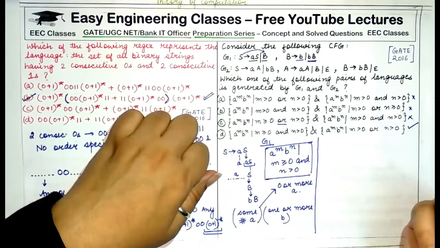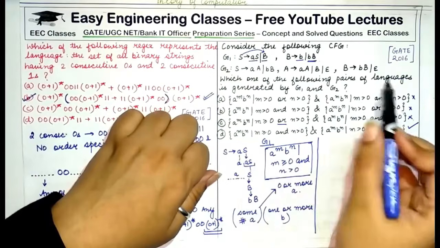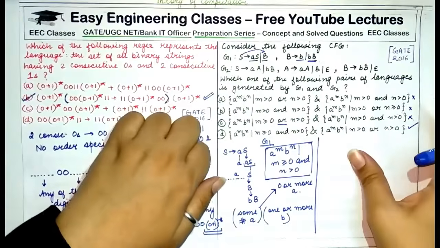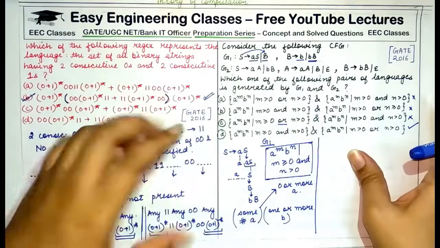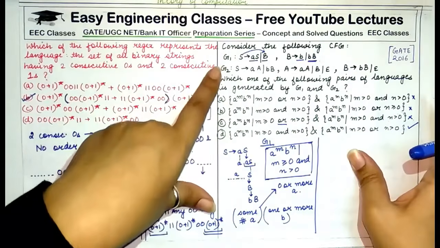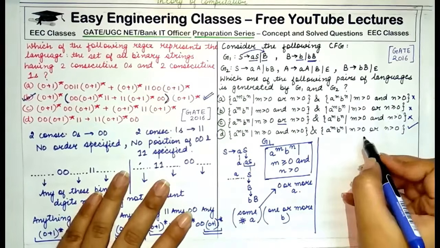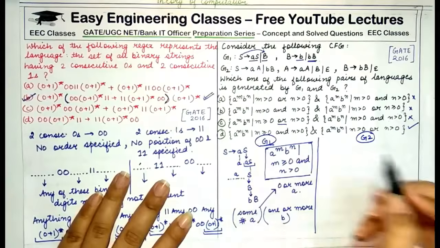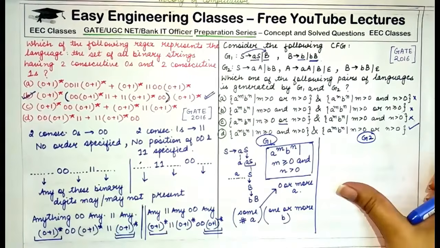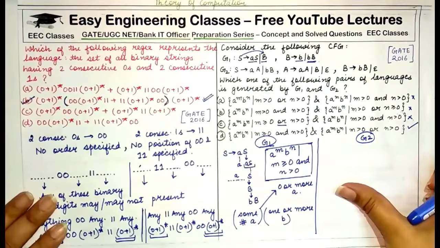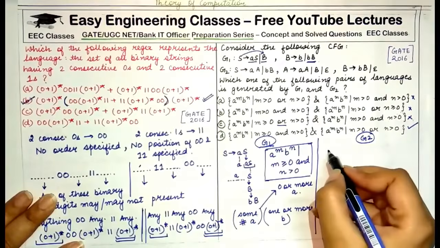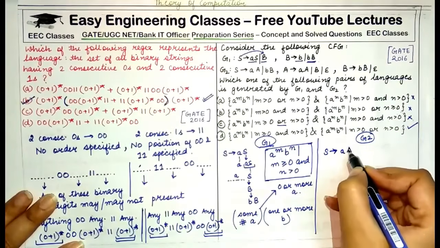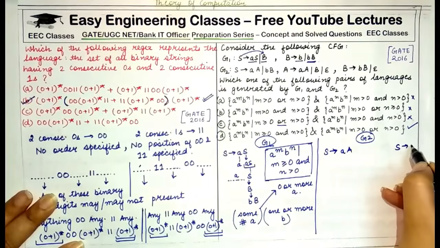So you can mark option D straight away without even generating G2, because in this case the options are listed in such a way that you don't need to check for G2. But otherwise I'm also telling you how to check G2 in cases when you are not so sure about the options. For G2 we can start by using the production S goes to AA or S goes to BB.